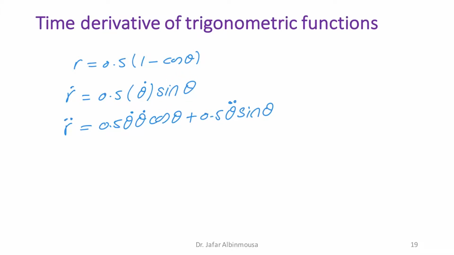Sine theta, its derivative is cosine theta, and then the derivative of theta is theta dot, and this is why I got theta dot squared. Now on the other part, I kept the sine theta as constant, and then I took the derivative of this one. 0.5 is still constant, so the time derivative of theta dot is theta double dot.